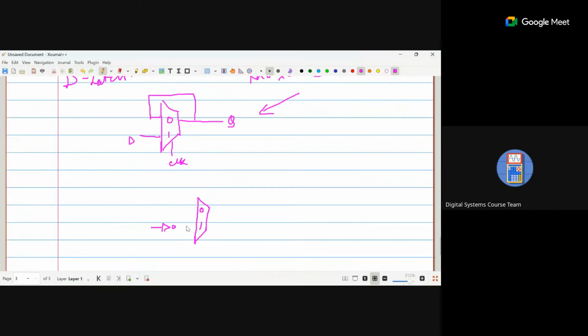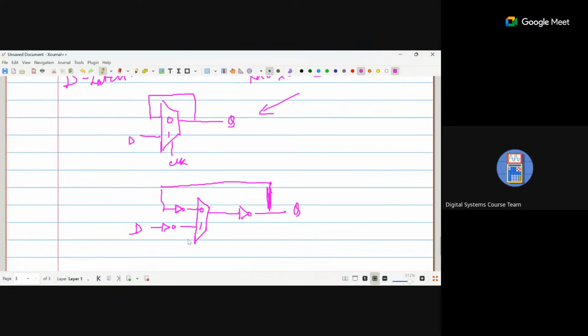You will use a NOT here, then a NOT here, and this NOT is the one which will go here. So basically like this. This is your Q and this is your D.